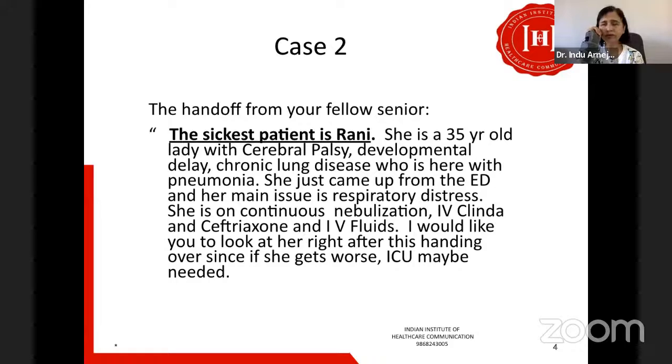What do you think is going to stay with the person who is taking over? That there are chances she has to be shifted to ICU. Condition is very critical. The sickest patient is Rani. What about other patients?